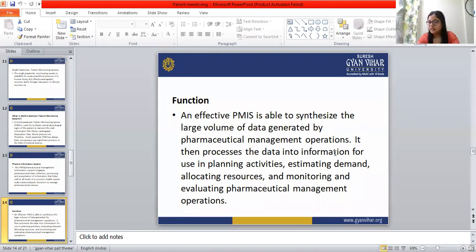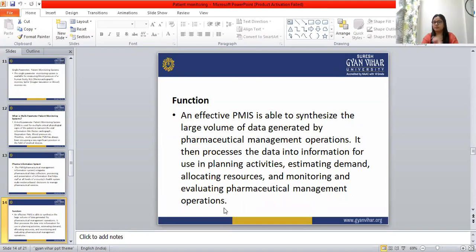First they generate the data, and after that, the data is transformed into information for use in planning activities, estimating demand, allocating resources, monitoring and evaluating the pharmaceutical management operations.